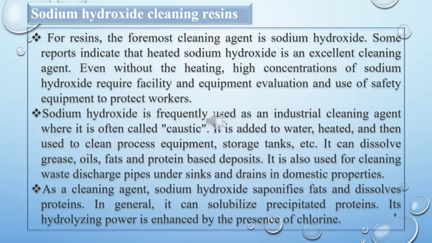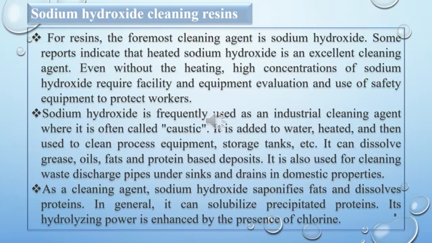So if anyone asks how sodium hydroxide is used as a cleaning agent in industry, you will answer that first of all, you have to add sodium hydroxide in water, then you have to heat it. When it is a hot solution, then you will use sodium hydroxide as a cleaning agent. Now, what things are cleaned by sodium hydroxide?